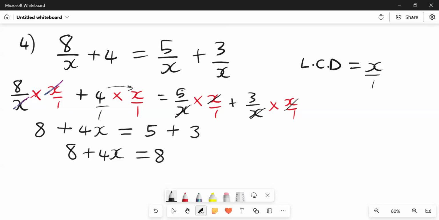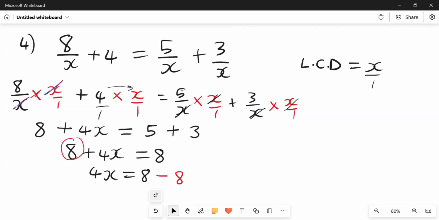Now, you transpose 8, you'll end up with your 4x equals to 8. Now, the sign changes from positive to negative, right? I hope it makes sense.